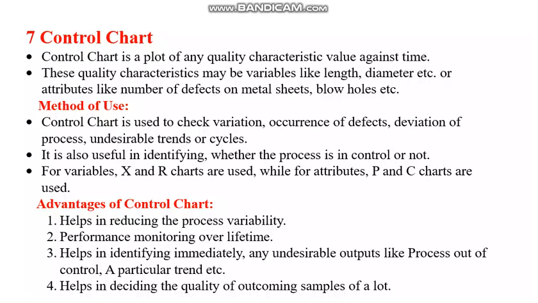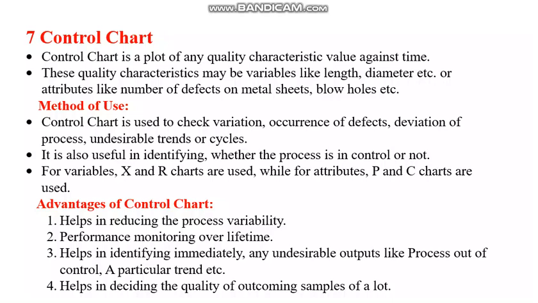Time is taken on the x-axis, and some quality characteristic like the diameter or the length, or the number of defects, or the blowholes in a casting can be on the y-axis. Like that, you control the process. You plot control charts, and from that you will be able to take some decisions for quality control.